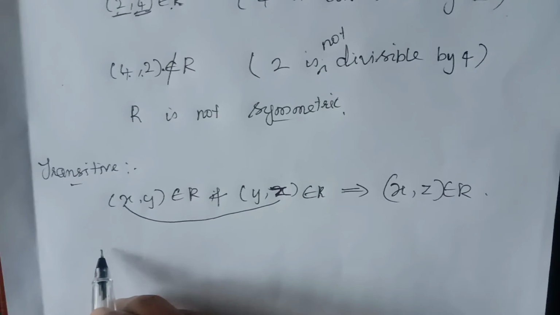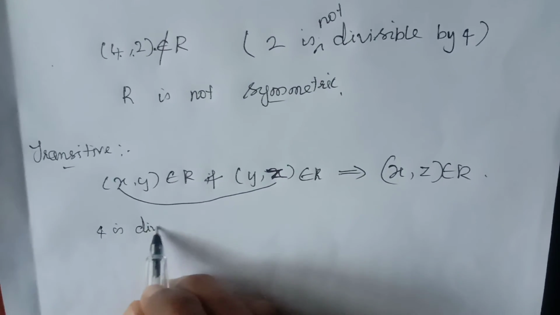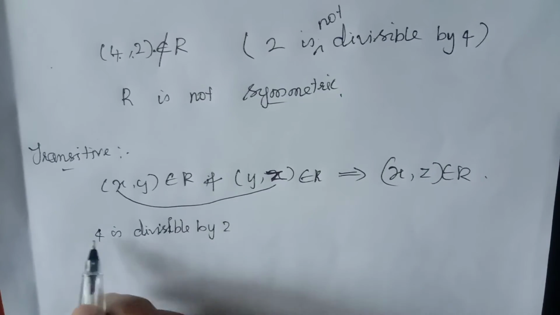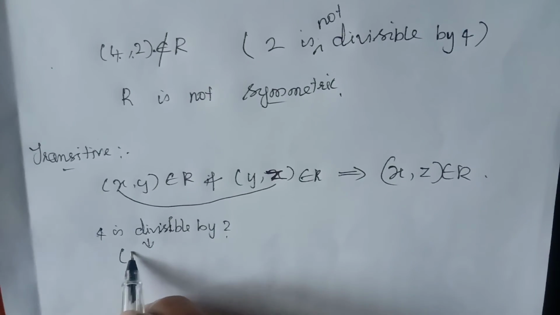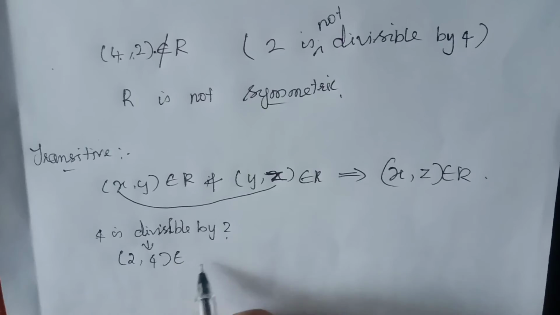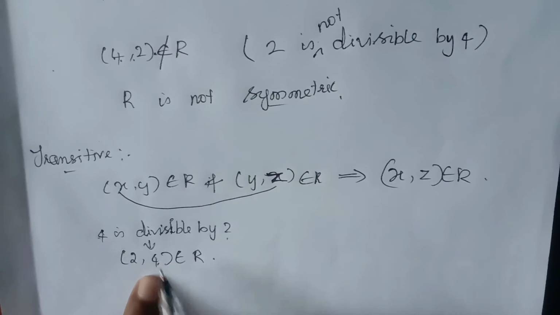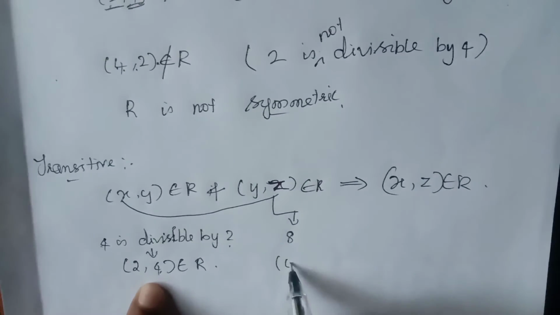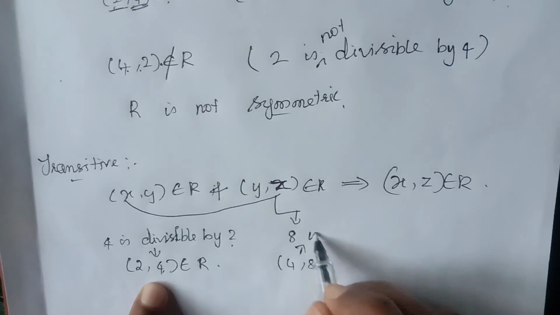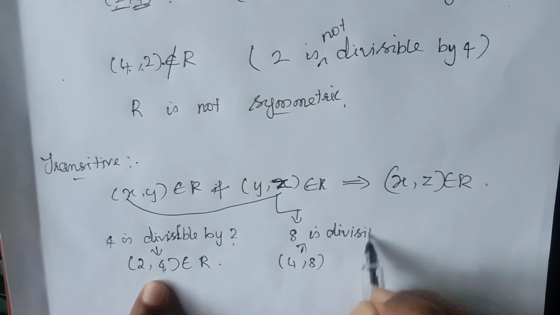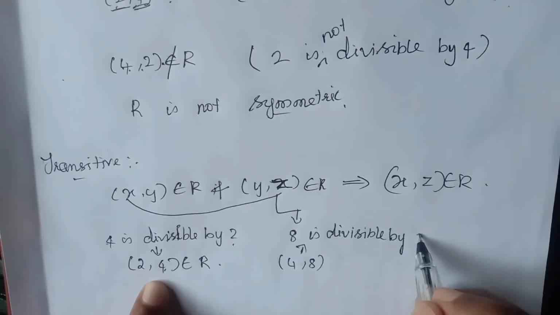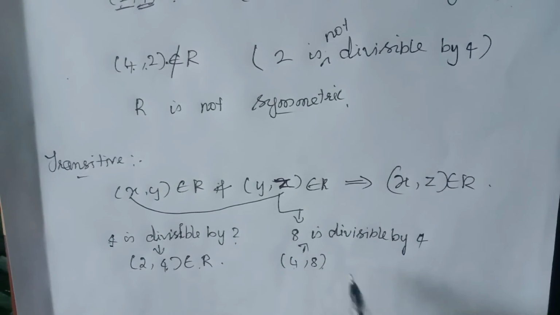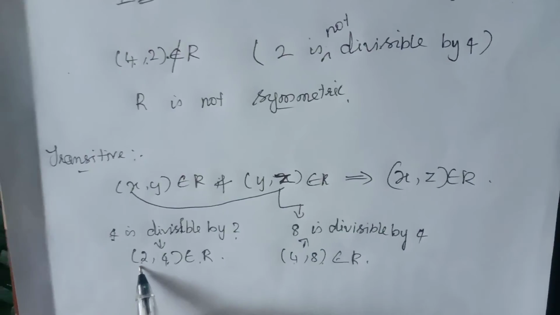So take one example. 4 is divisible by 2, so (2, 4) belongs to R. Then (4, 8) belongs to R, because 8 is divisible by 4.